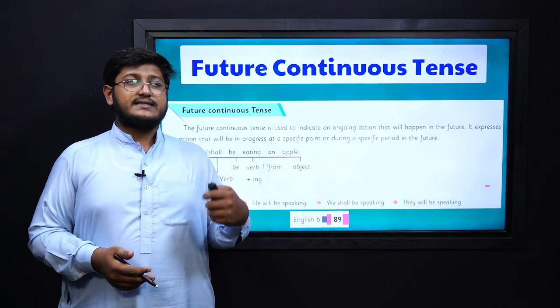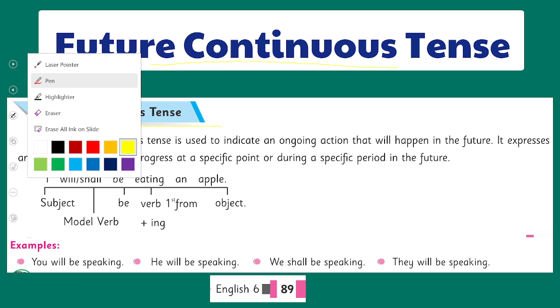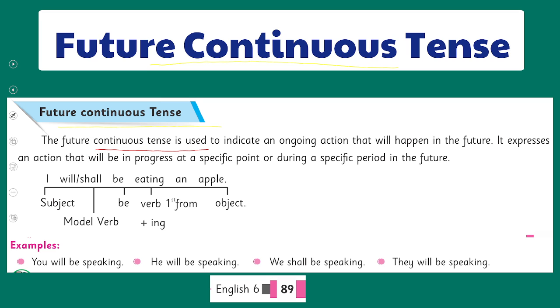So let's go further. Here we have future continuous tense. So let's find out what the future continuous tense does. The future continuous tense is used to indicate an ongoing action that will happen in the future. So future continuous tense indicates such types of actions which will happen in the future and will be ongoing actions.